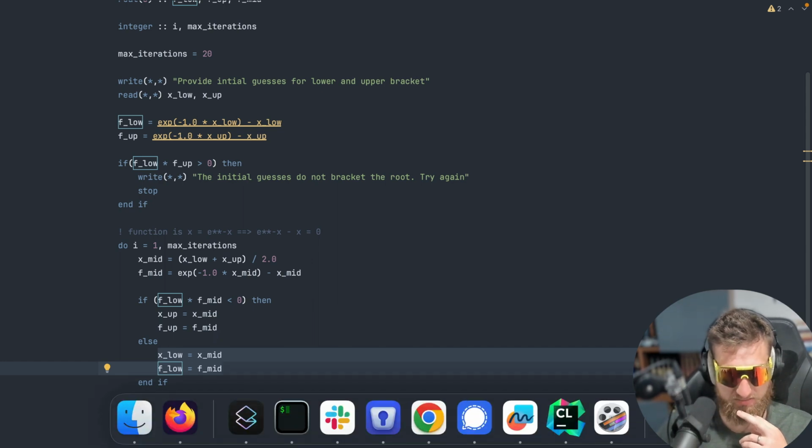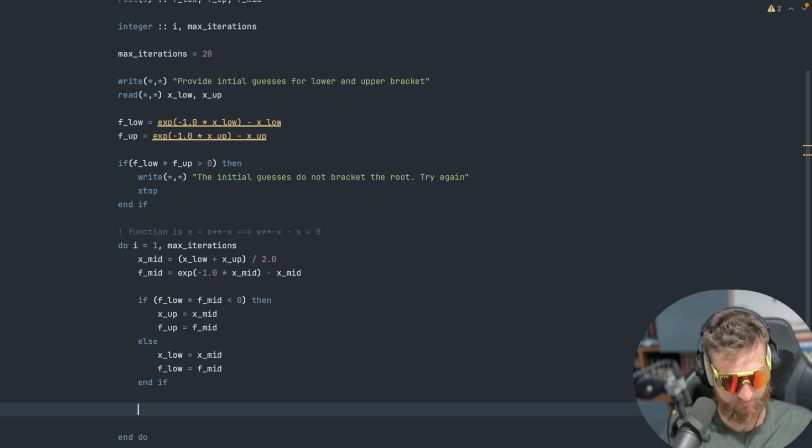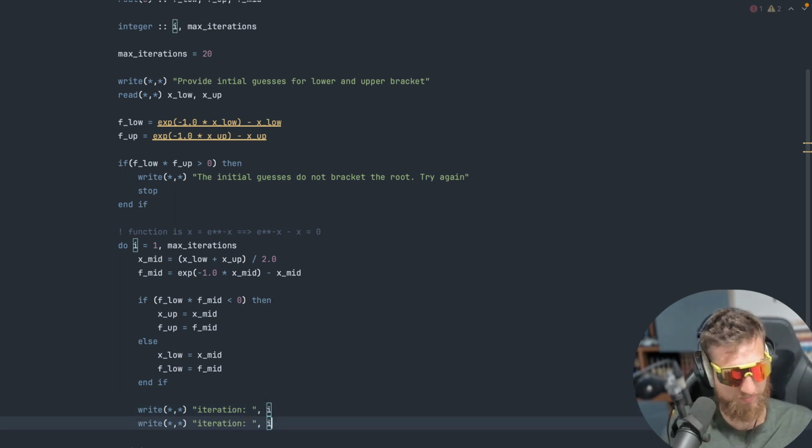Let us, what can we do here? How about let's write inside this loop? So just some debugging, iteration. What else can we write? Let's write the midpoint. Do we want the midpoint? Let's actually write xlow, xmid, xup.